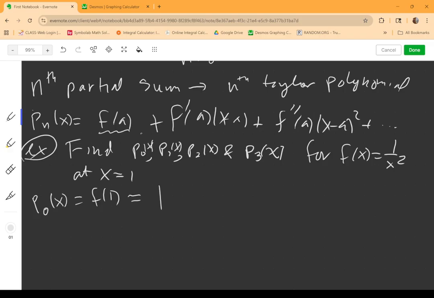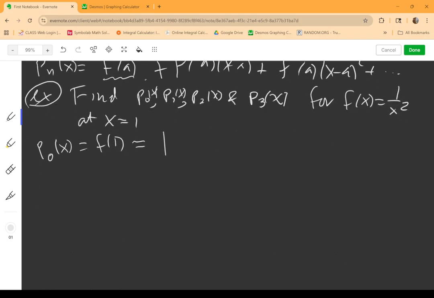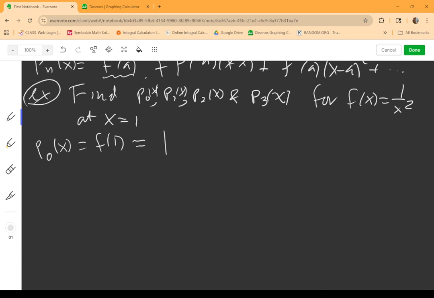Notice that both the Taylor polynomial and the function have the same point in common. It's not a good approximation, but it is an approximation. After we find these, we'll plot them all on the same coordinate axis so we can see how close they approximate the function.